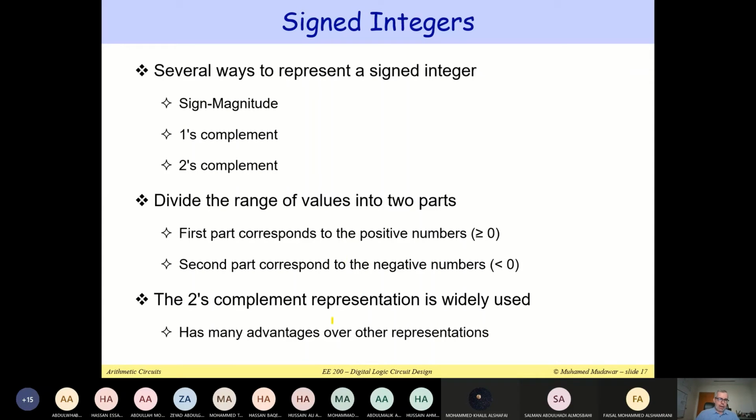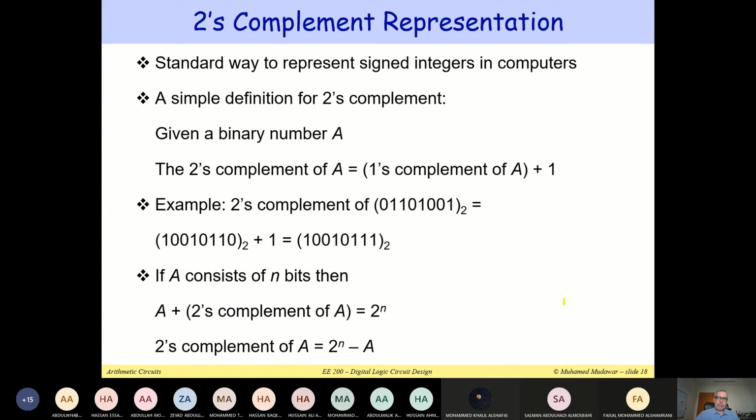Today we use the 2's complement representation, which is widely used to represent integers. Computer systems use the 2's complement representation because it has many advantages over the signed magnitude and the 1's complement. This is just a review.